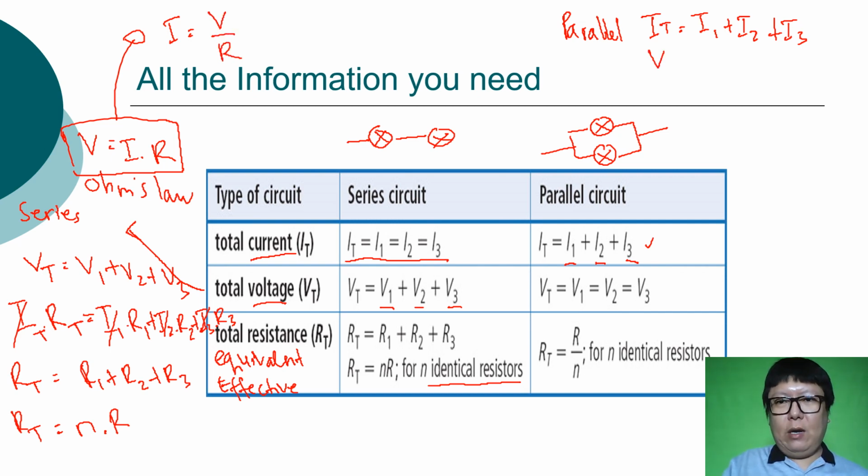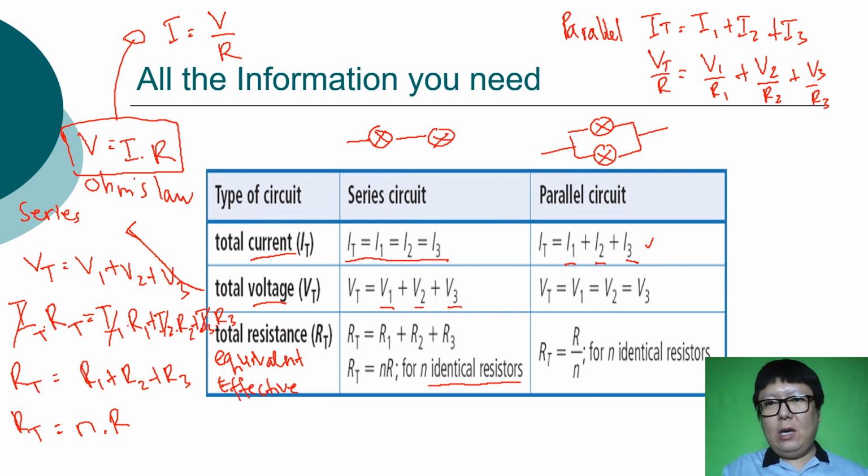So V over R equals V1 over R1 plus V2 over R2 plus V3 over R3. So this is V total, the total potential difference in the circuit. This is the R total, or R effective, or equivalent resistance.